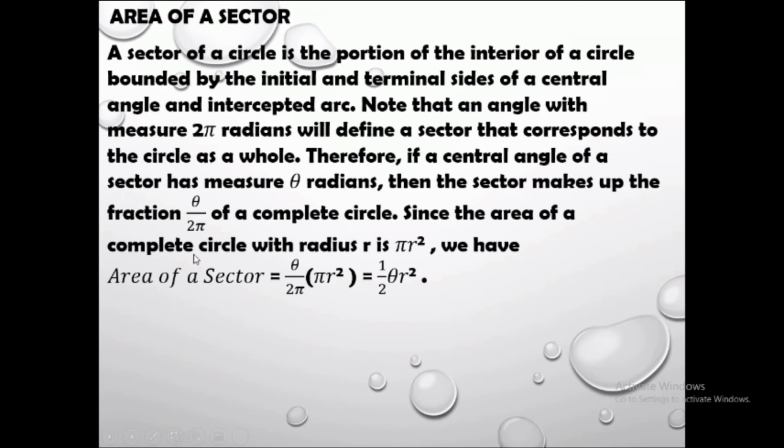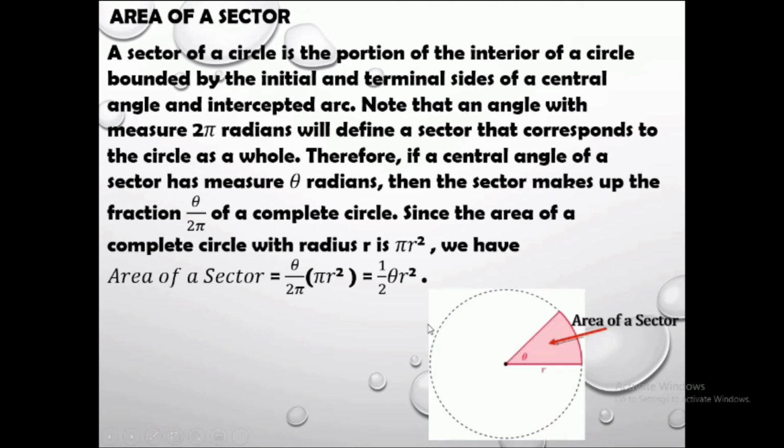Since the area of a complete circle with radius r is pi r squared, we have the area of a sector equals theta over 2 pi times pi r squared, which is equal to 1/2 times theta times r squared. So in this illustration, the shaded portion is the area of a sector.